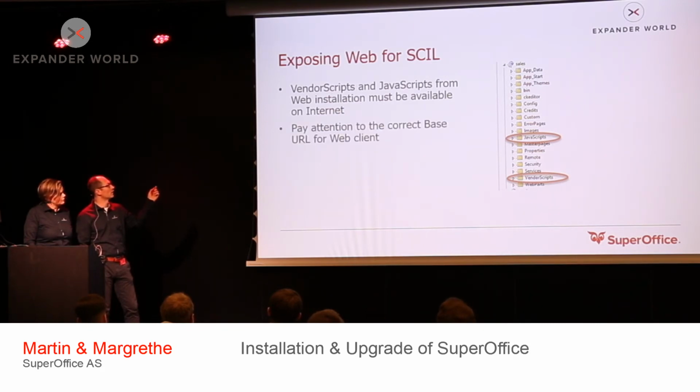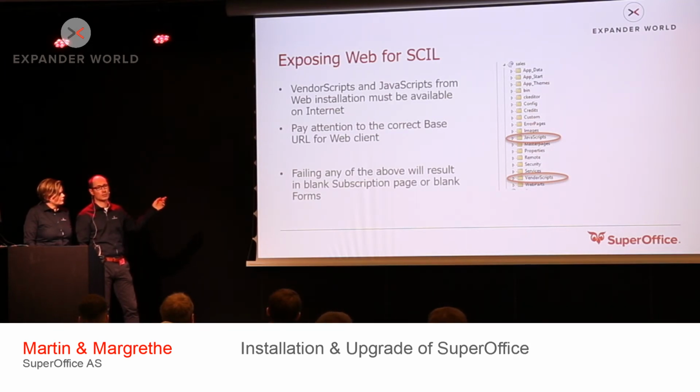Otherwise, especially the subscription form, the subscription page on the GDPR functionality or the forms, they won't work because they reference those 2 files in those 2 folders. Other thing is to have the correct base URL. If you change the HTTP into HTTPS, it will fail too.